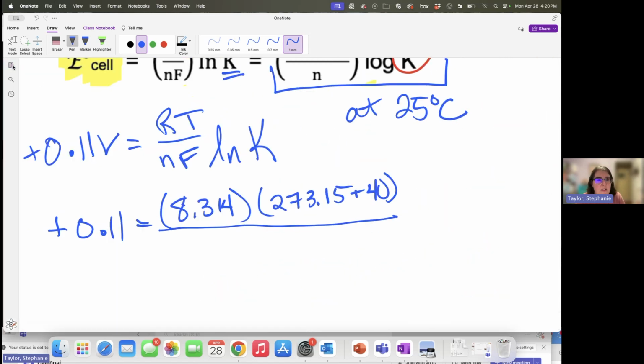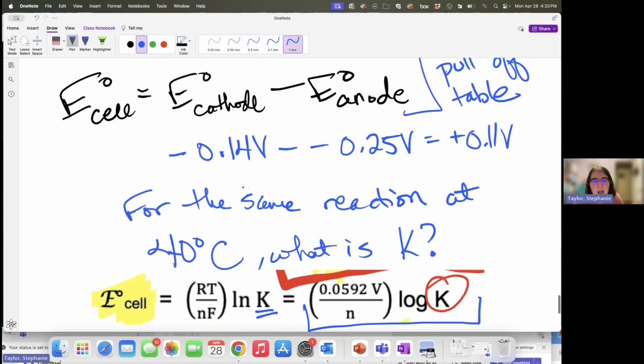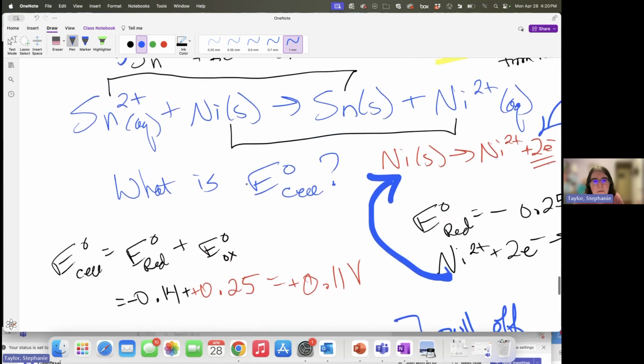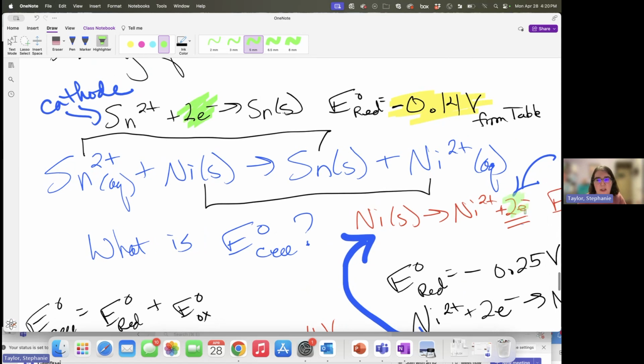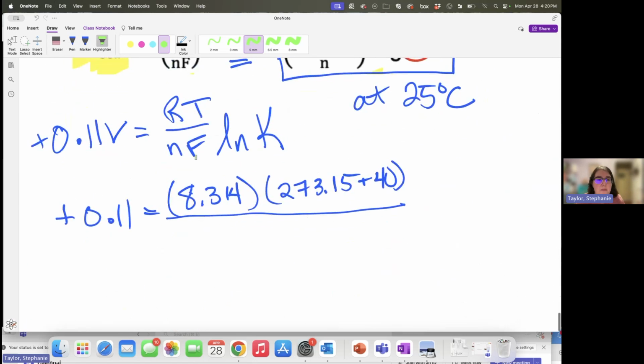For N, I'm going to scroll back up and take a look at my reaction. What I can see in my reaction is everything was dealing with 2 electrons. So I just have 2 electrons being transferred over the whole thing. So for my number of electrons, it's 2.